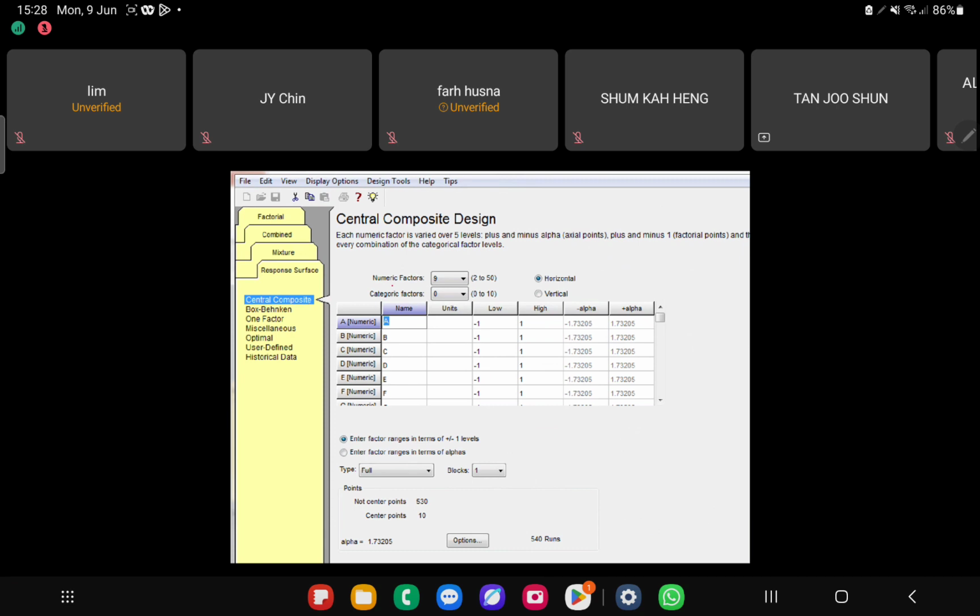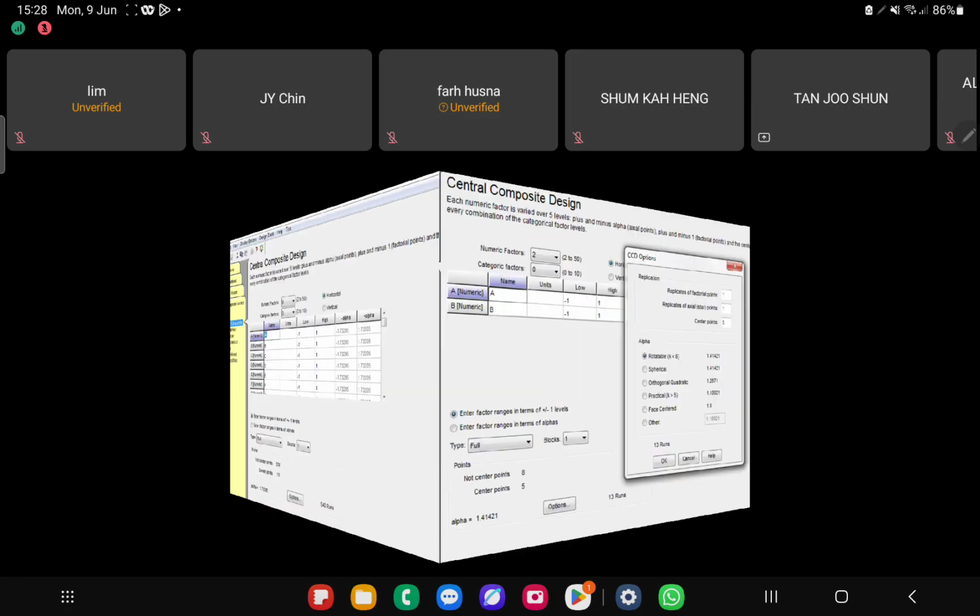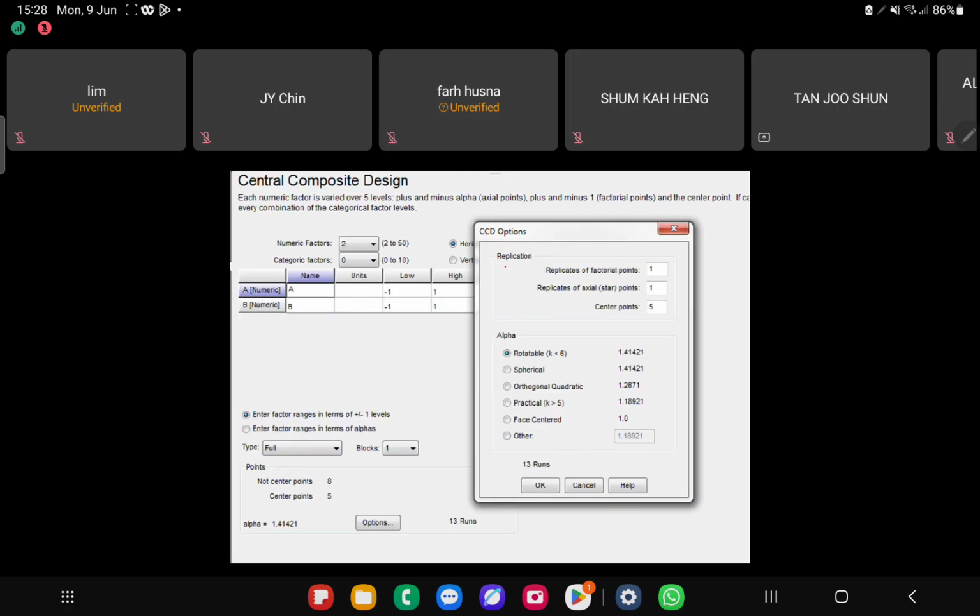If you use CCD, you can check on the numeric factors, categoric factors. Okay, you can check as many factors as you want. For example, for CCD, you can see where you can choose rotatable.